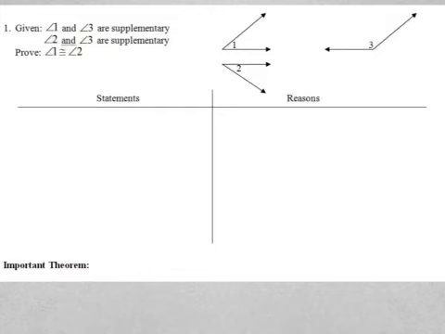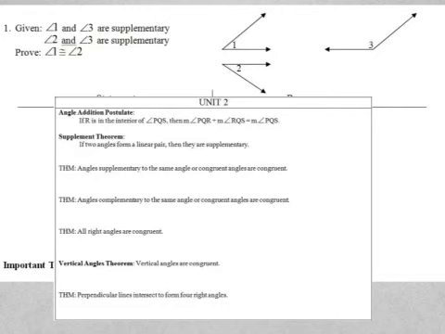In our first proof, we're going to prove one of the theorems that is on your reference page already and show where it comes from. We're going to prove this theorem, the third one on your list, to be true: angles supplementary to the same angle or congruent angles are congruent. We've set up the proof so that our given statement is that angle 1 and angle 3 are supplementary, and angle 2 and angle 3 are supplementary.